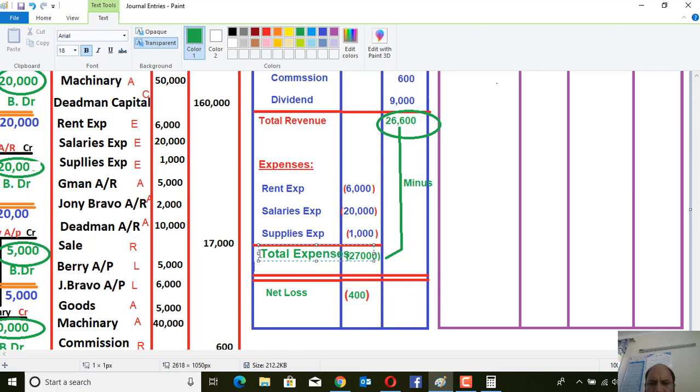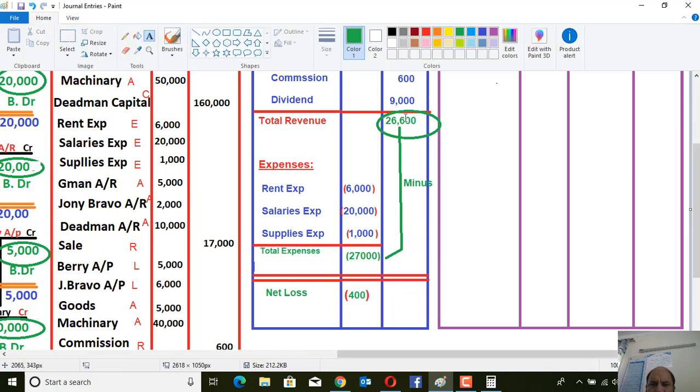So from these total expenses we have, for example, deducted the revenue. This is revenue which is 26,000 and our total expenses were equivalent to 27,000. So when we deducted 26,000 from the 27,000, we found 400 as a net loss.